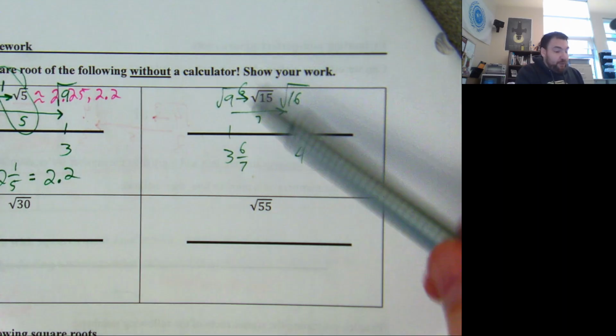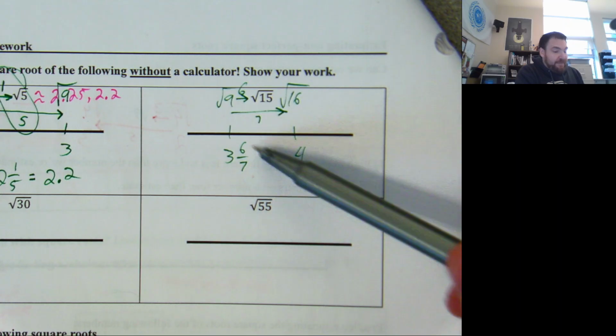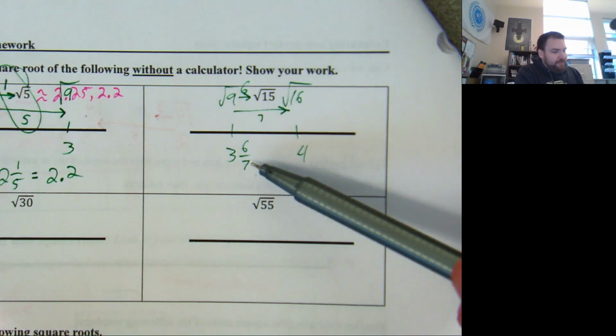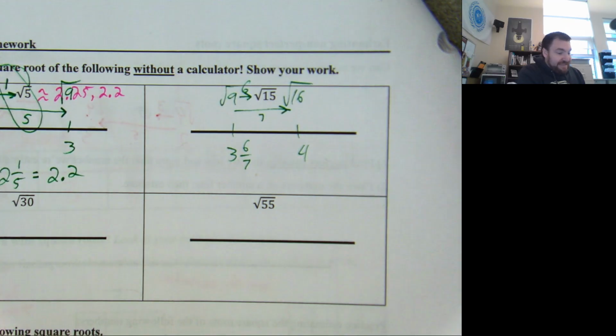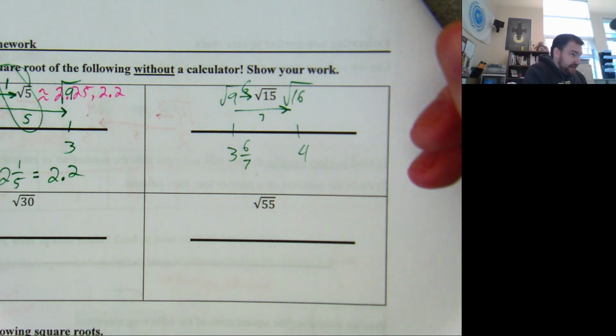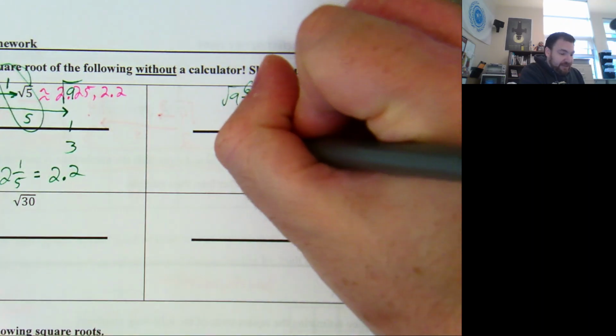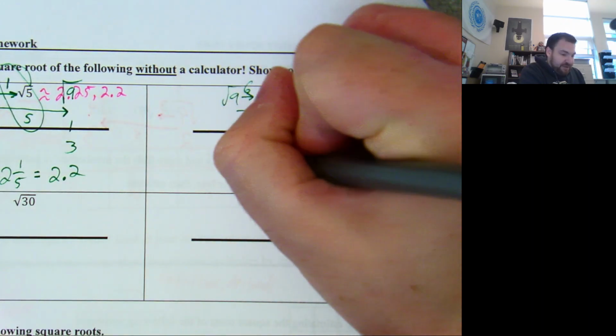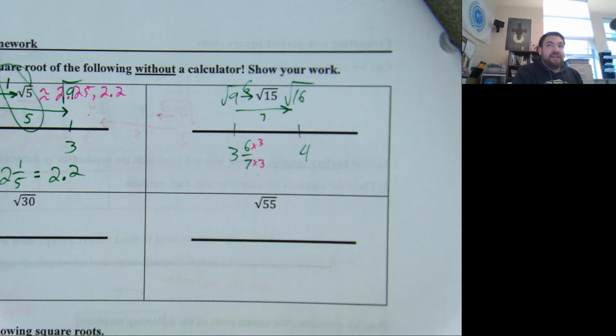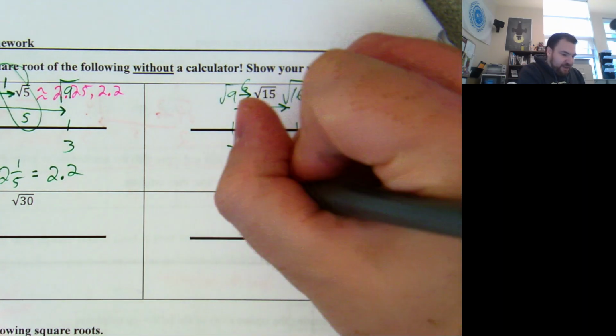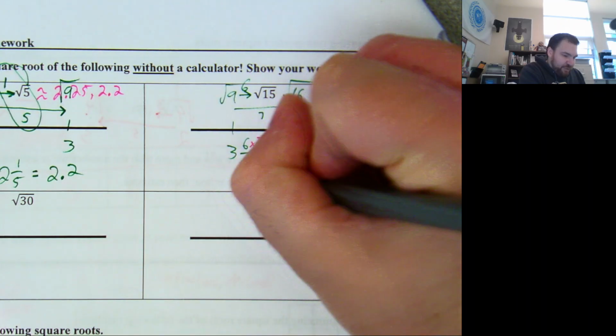So there are a few ways that we can go about making this thing better. You guys don't have to do it the exact same way. What I would do is multiply top and bottom here by 3 to change the fraction ever so slightly. That makes it 3 and 18 over 21.